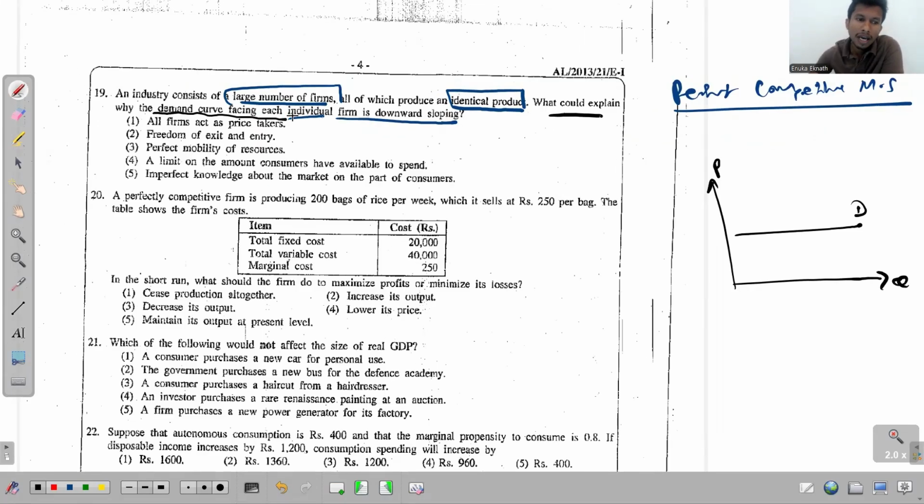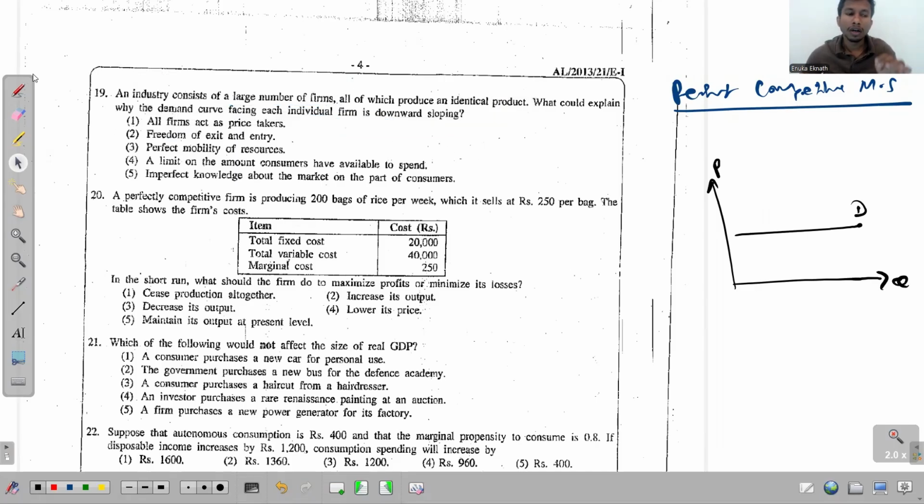What could explain why the demand curve facing each firm is downward sloping? We need a reason that you can use to prove that this firm is not operating in the perfectly competitive market structure. If the firm is operating in a perfectly competitive market structure, it should have a demand curve which takes this shape.